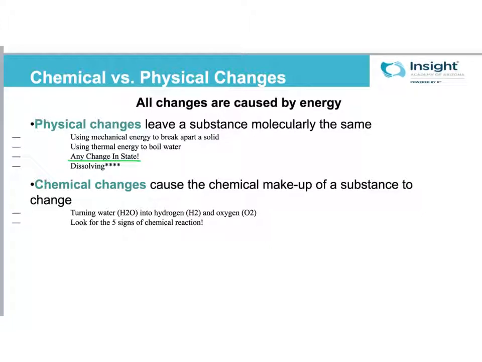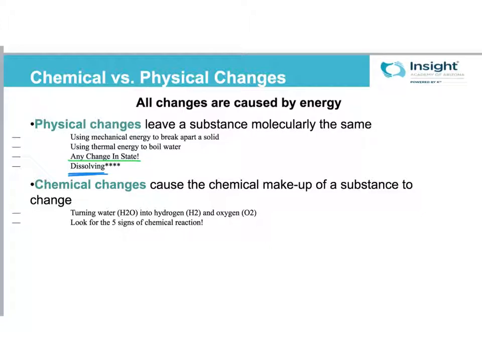If you've ever been swimming in the ocean or gargled salt water when you had a sore throat, it tastes salty. So even though the salt looks like it disappears, it's still there. All that happened was that you got water, salt, water, salt, and you just can't see it anymore. So definitely write this one down, and remember that it is a physical change.